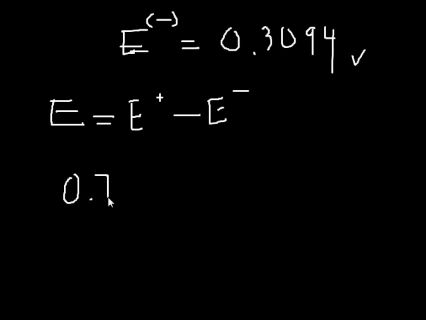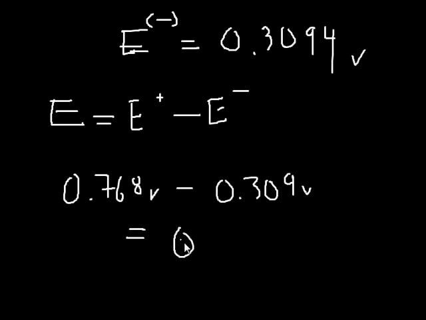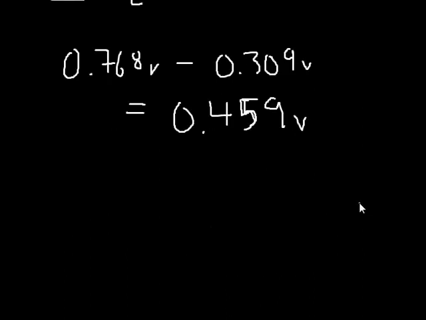So we had 0.768 volts for the silver side minus 0.309 volts for the copper side, and that gives us 0.59 volts. Okay. And that's a bit rounded, but I'm working off a paper I've got in front of me. So this is our actual potential for the cell.